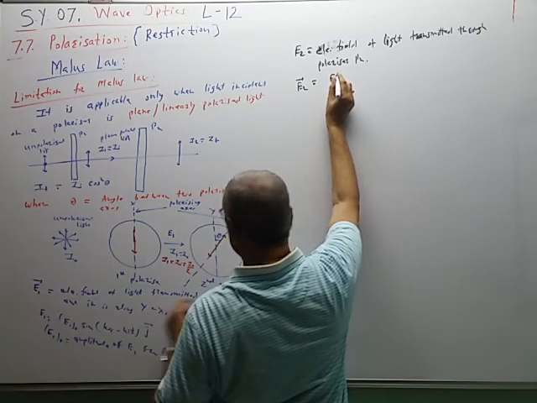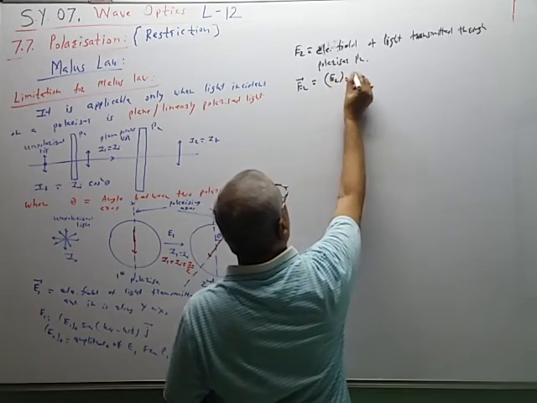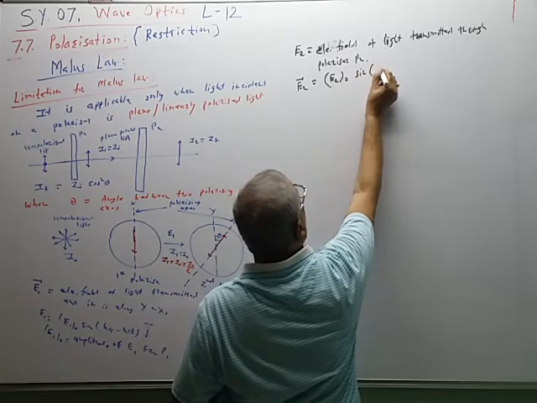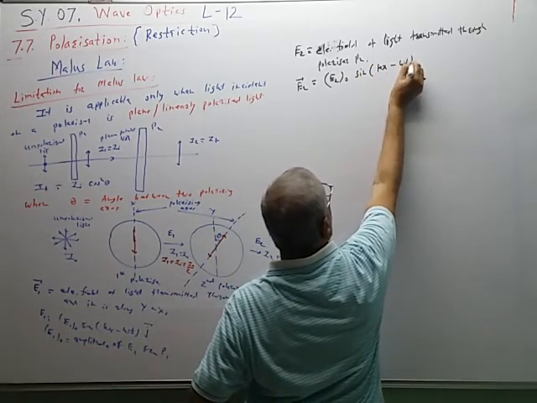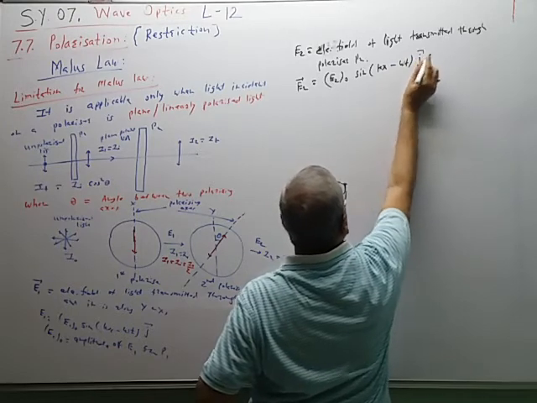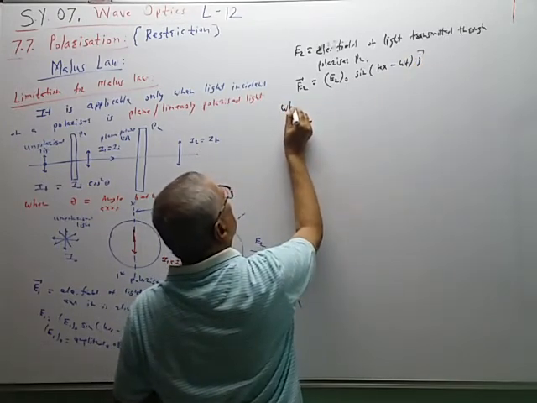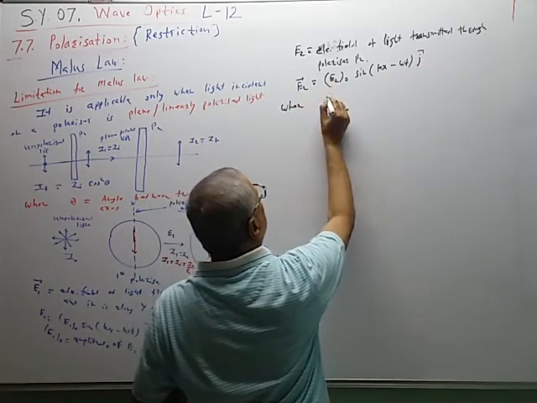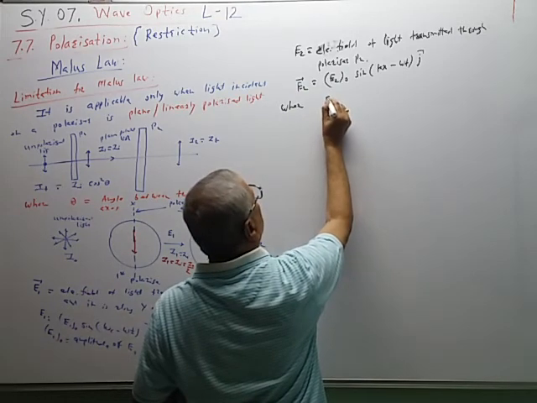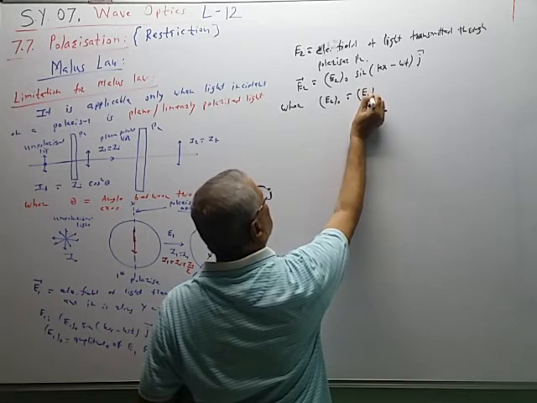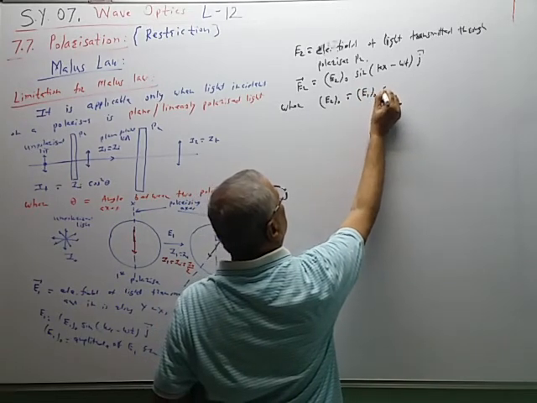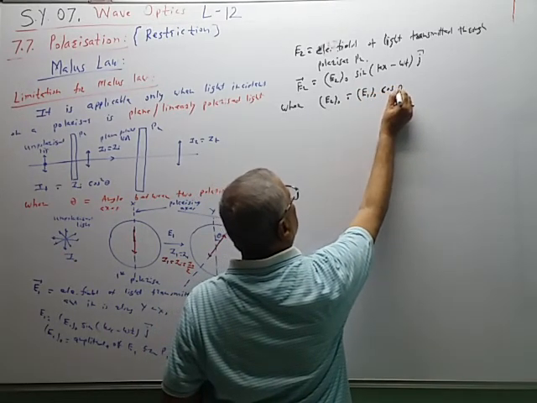Therefore this E2 is given by E2 is equal to E2 0 sin of kx minus omega t. There is no change in propagation vector, no change in frequency, no change in direction. What is important is E2 0 is equal to E1 0 cos of theta.